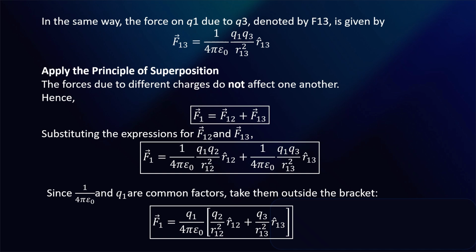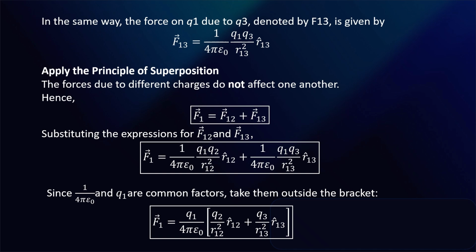Since 1 divided by 4 pi epsilon naught and Q1 are common factors, let us take them outside the bracket. That is, F1 is equal to Q1 divided by 4 pi epsilon naught into Q2 divided by R12 square into R12 cap plus Q3 divided by R13 square into R13 cap.